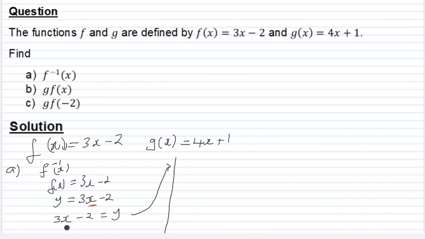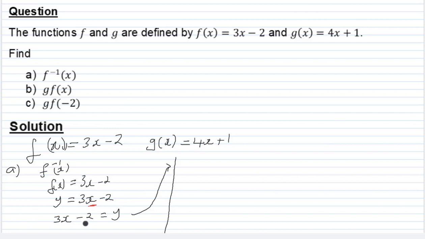So what do we do to make this x the subject of the formula? On our left hand side, we don't want negative 2 and 3. We just want x alone. The first thing, we are going to remove this negative 2. The shortcut we use, we say we take this negative 2 to the other side of the equal sign.